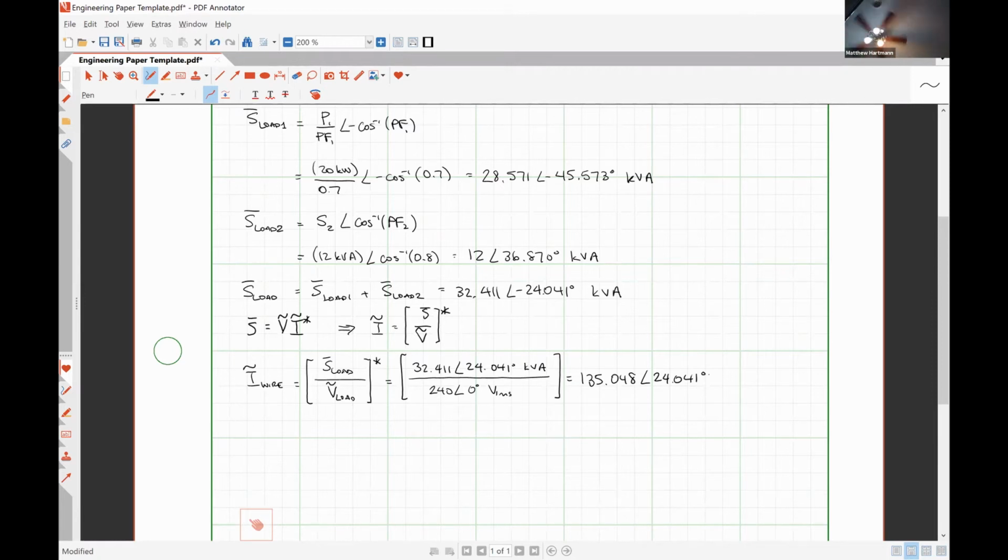So let me just store that value in my calculator real quick because I'm going to need to use it. All right, so now I can determine the complex power absorbed by my transmission line.